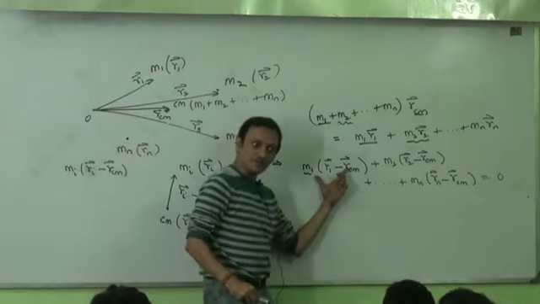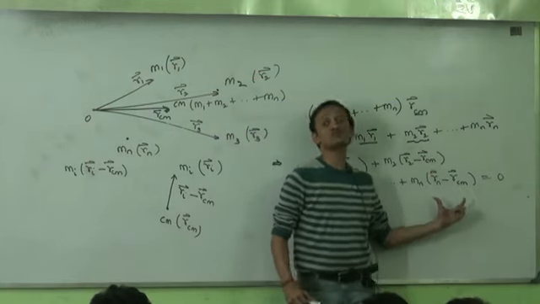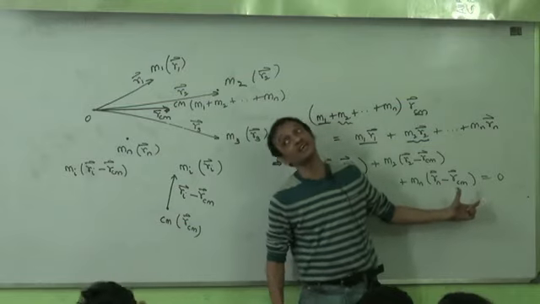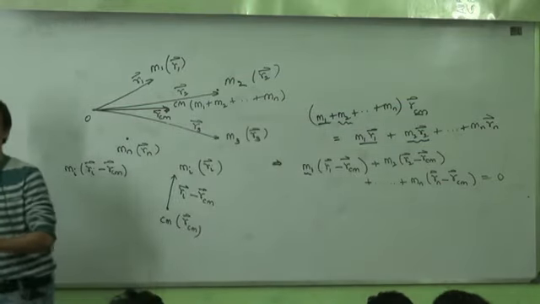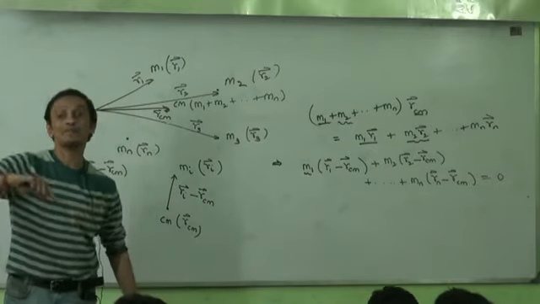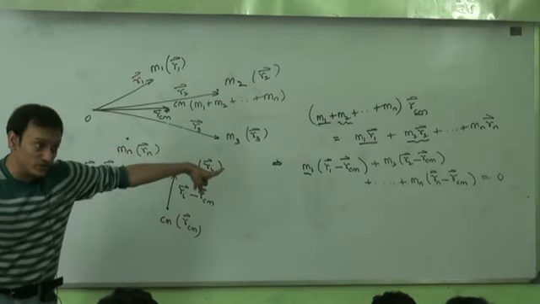Moment of the first mass about the center of mass, moment of the second mass about the center of mass, moment of the third mass about the center of mass, moment of the nth mass about the center of mass. That means the vector sum of the moments of all masses about their center of mass will always be 0.